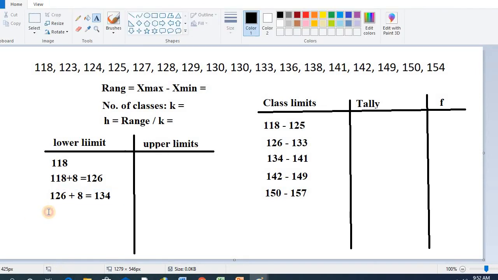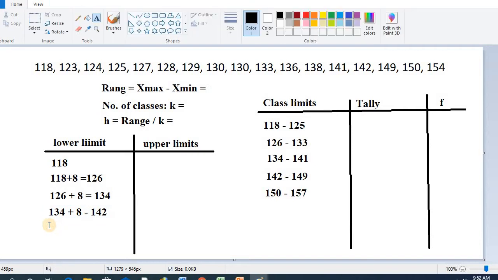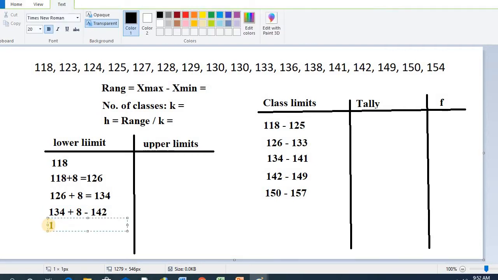Next, 134 plus 8 is equal to 142. Next class limit: 142 plus 8 is equal to 150.